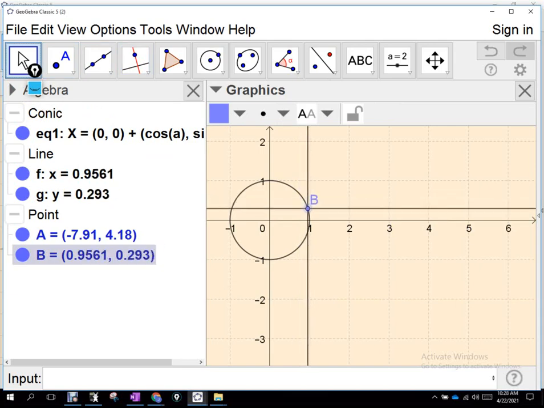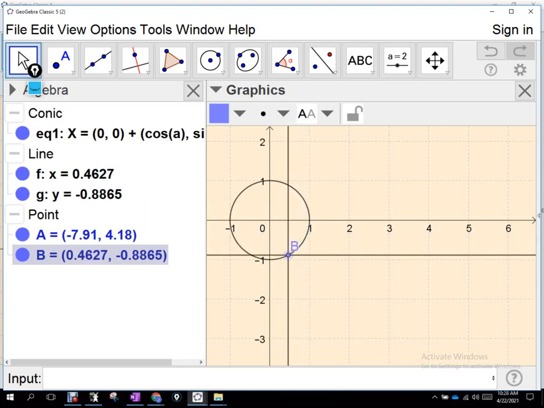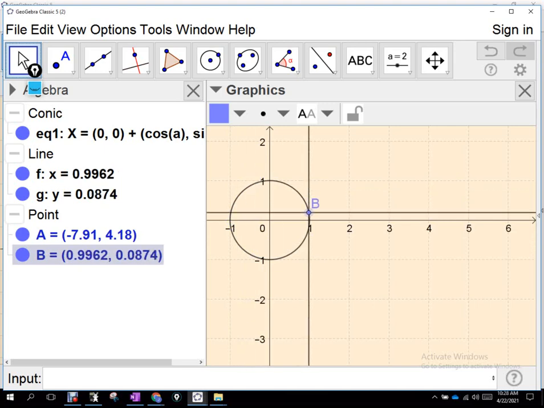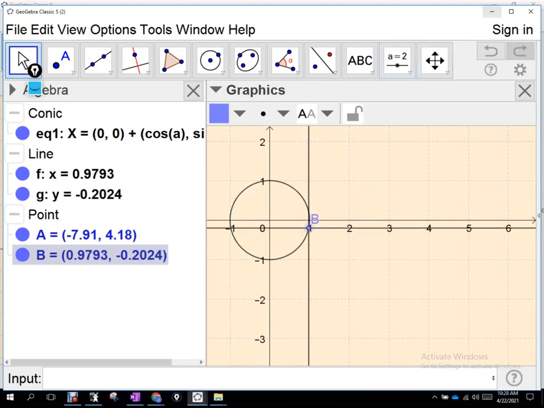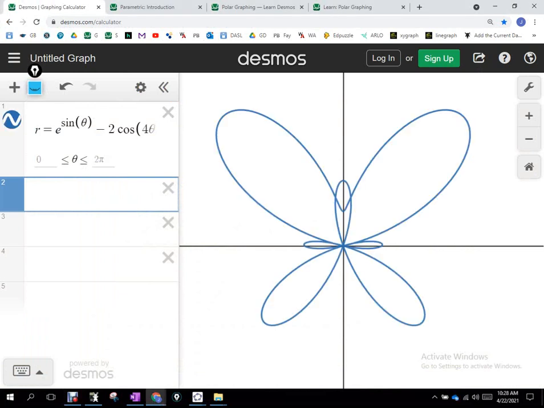And they would become that set of lines, or that set of lines. And as I trace and change t and trace point B, I trace out that image. So parametric equations will allow us eventually to make certain graphs like this. But this is much easier to graph using polar coordinates.